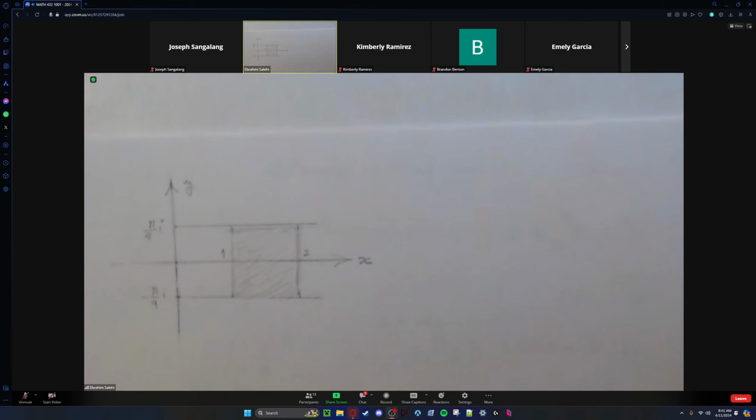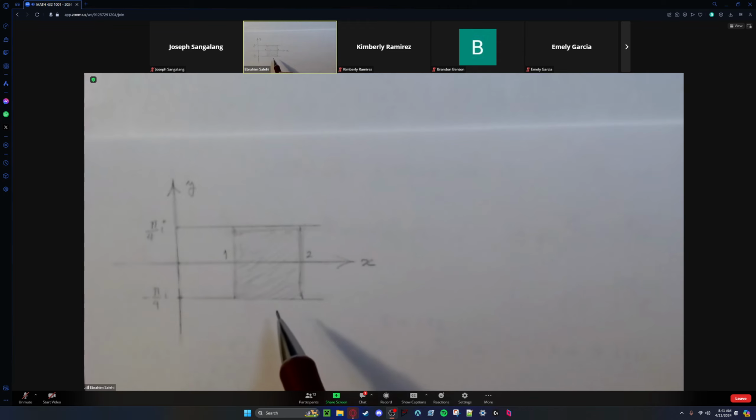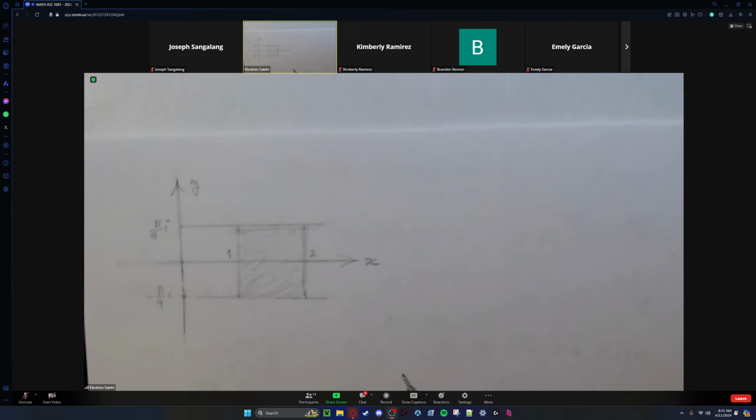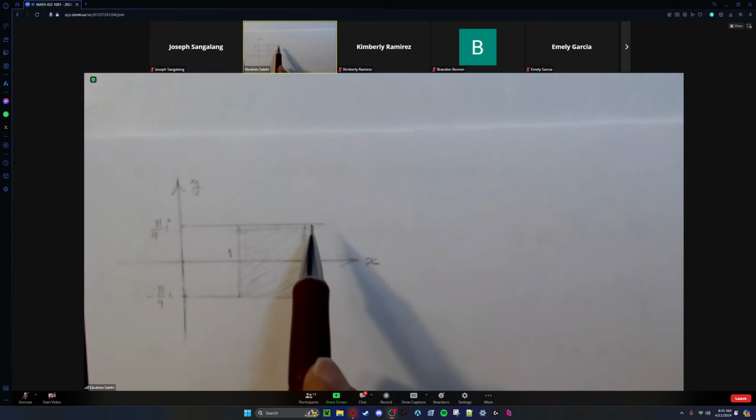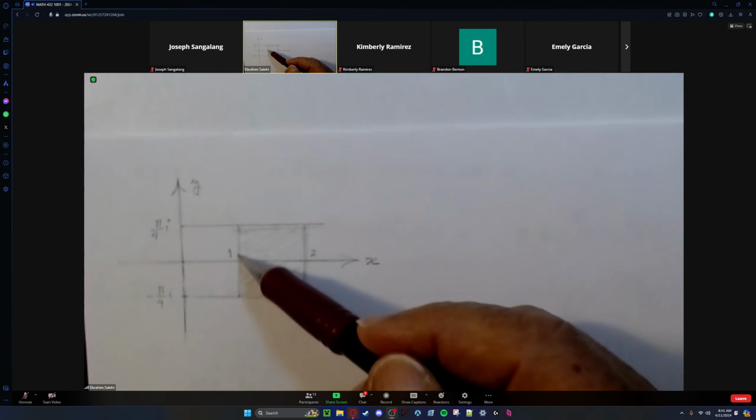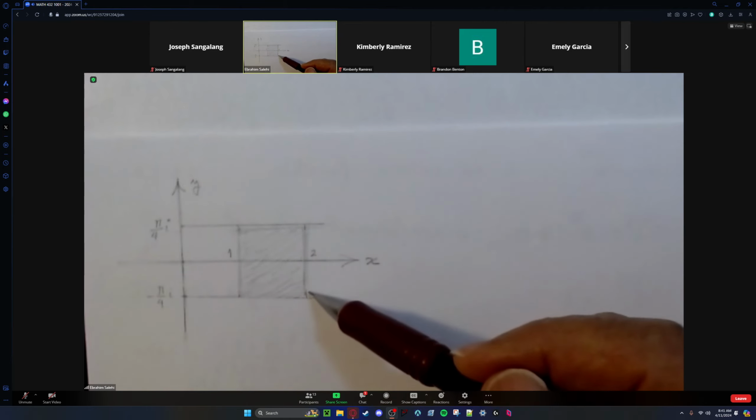Here is a region in the xy plane, the shaded area, bounded by negative pi over 4 i and pi over 4 i, x equal 1 and x equal 2.